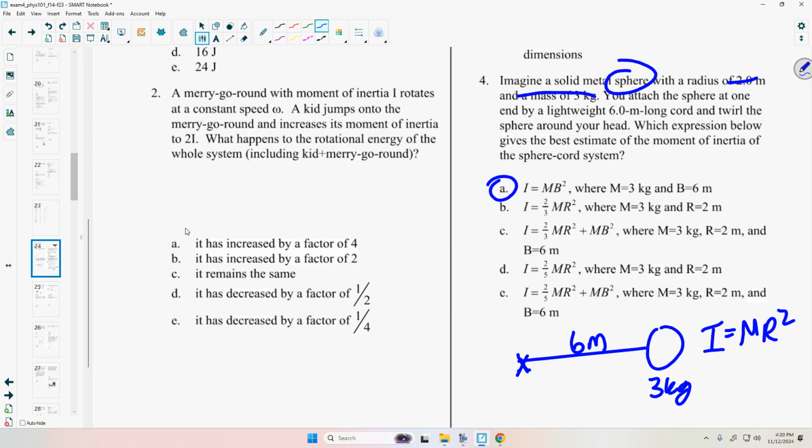All right. But again, y'all see me? Okay. All right. What else? Number 4 from 22.